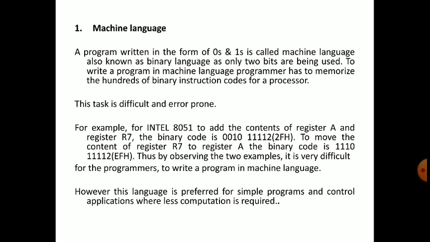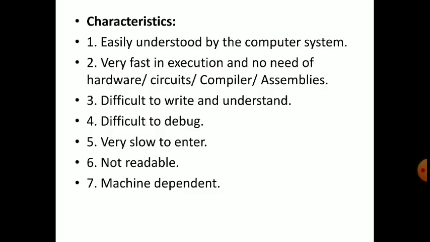This task is difficult and error prone, and we have given an example, adding the contents of register A and register R7, with the binary code of this particular instruction and its hexadecimal equivalent. With that simple example we can see it is very difficult, but it has its advantage because it is fast in execution. At the end of the day you will see whether the work has been done very fast or not.